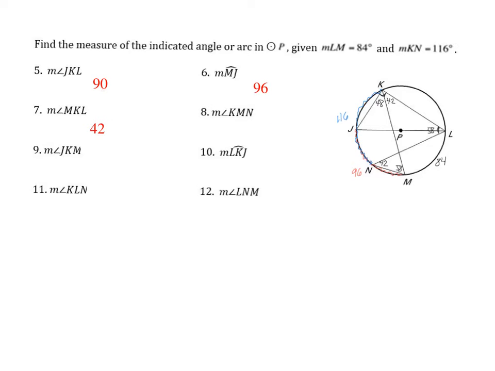KMN is the next one I'm looking for. We filled that in already. It was an inscribed angle, 58. JKM, which was 48 because it was part of the right angle up there.